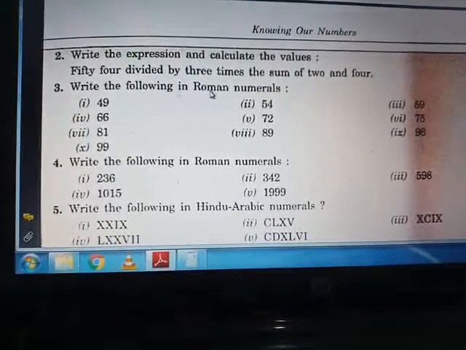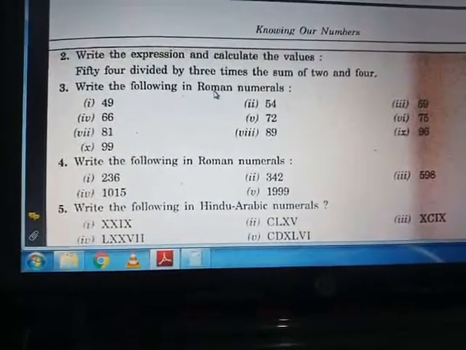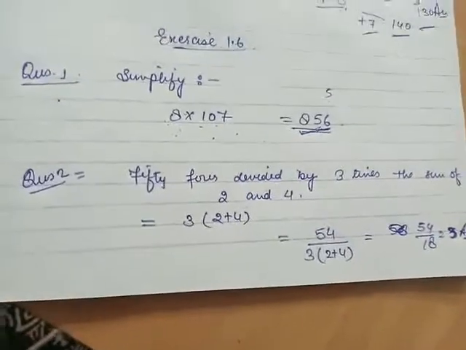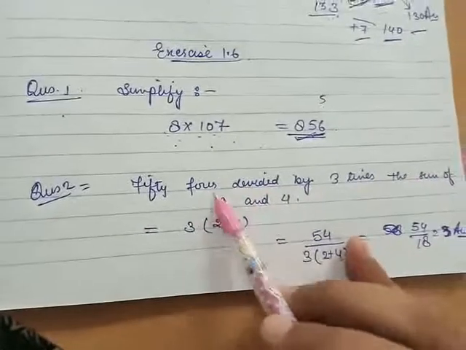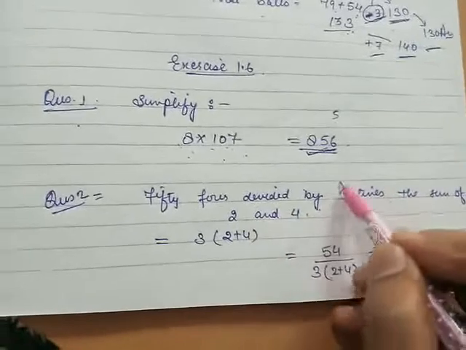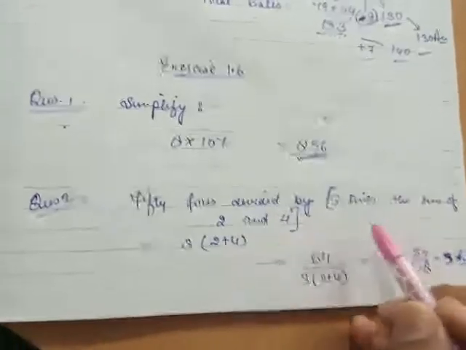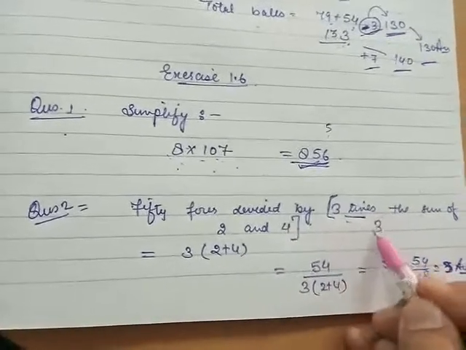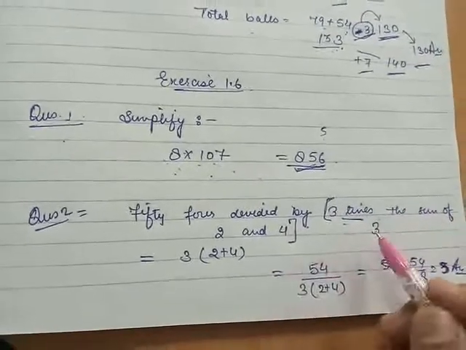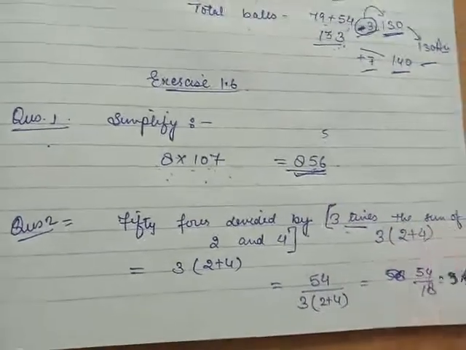We have to create the equation, then after we will do the calculation. So here you can see that 54 divided by 3 times the sum of 2 and 4. First we will take from here to the end, that means 3 times the sum of 2 and 4.